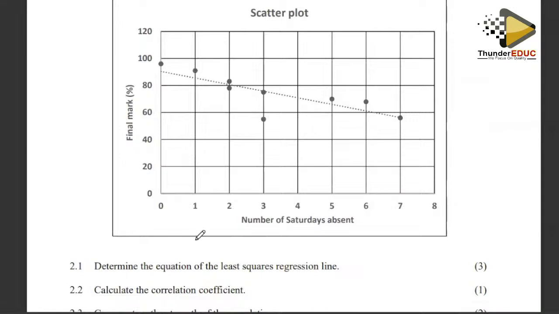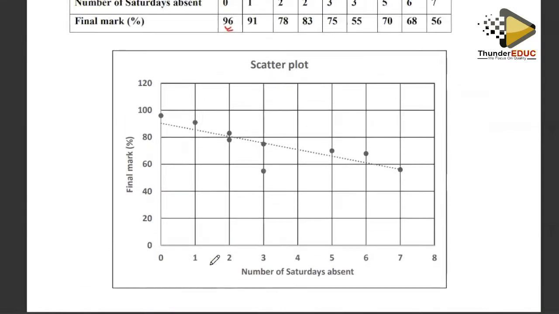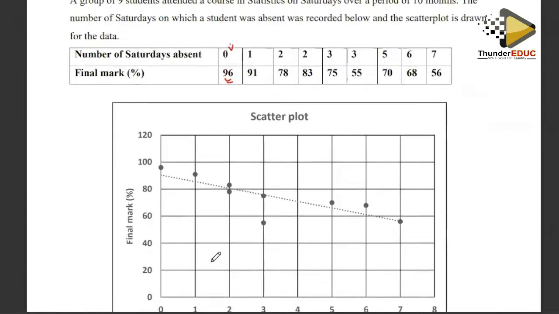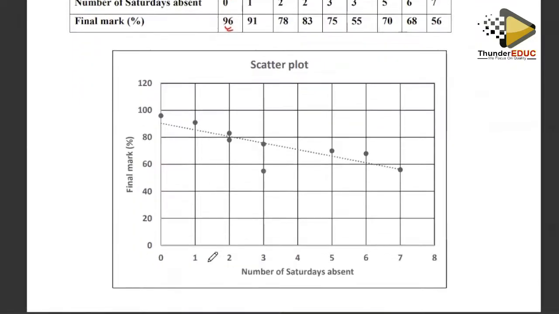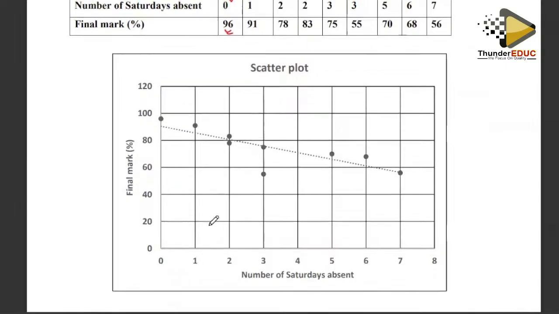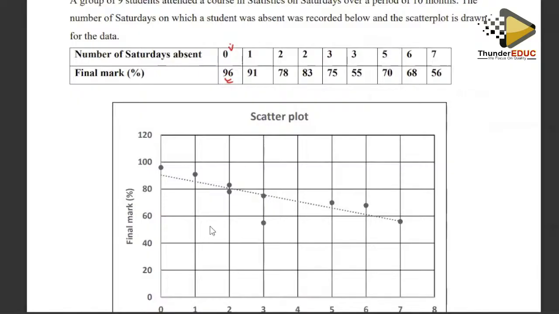And then they want us to determine the equation of the least squares regression. What this question tests is basically, are you able to use a calculator? When you're punching in these values, remember it's the MODE, and then go look for 2-VAR.